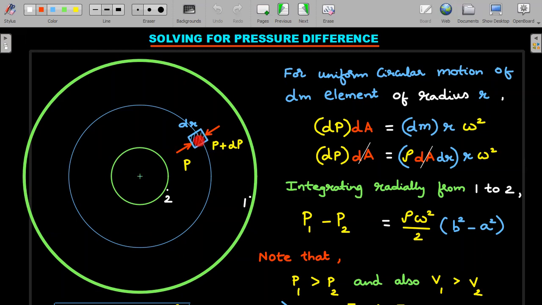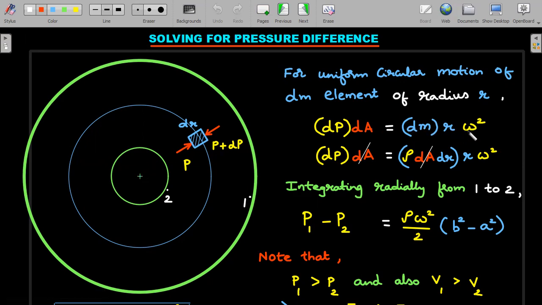This particular dm element is actually going in a uniform circular motion depicted by this blue circle. And these green circles depict the solid container which is at rest. So at any arbitrary distance small r, for the uniform circular motion of the dm element of radius small r, the inward horizontal force is due to this excess pressure, dP multiplied by the dA that I already spoke of, the area that you don't see into the board, should be equal to the provider of the centripetal acceleration, into the center.